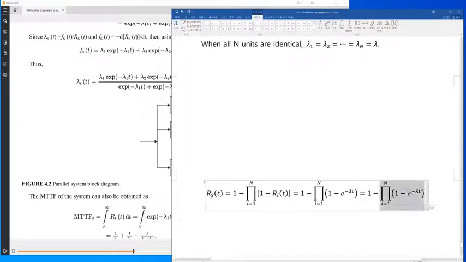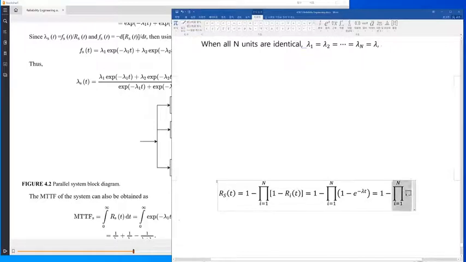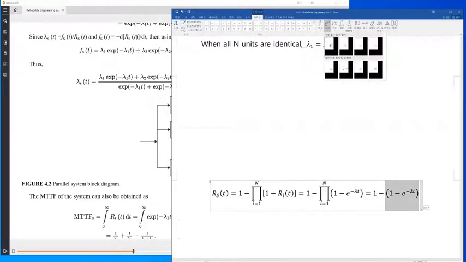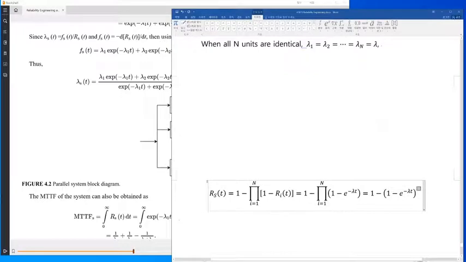That means we are going to get the power n. So this is how the system reliability is given.